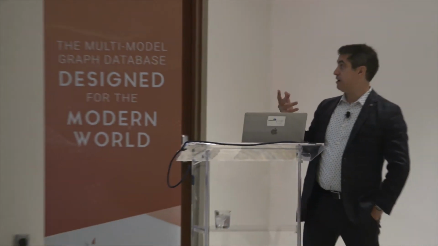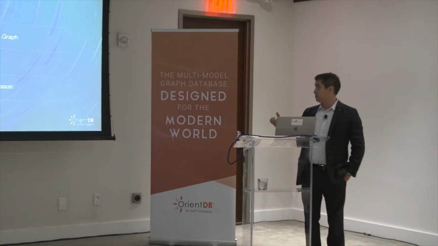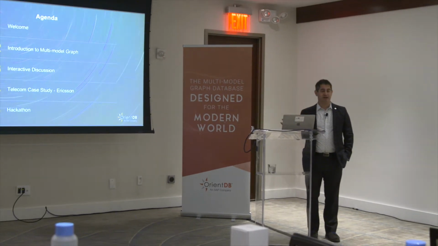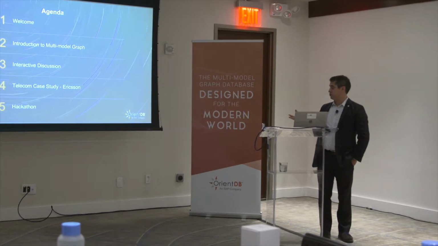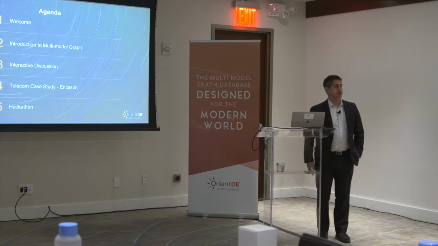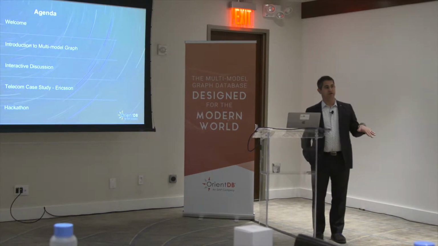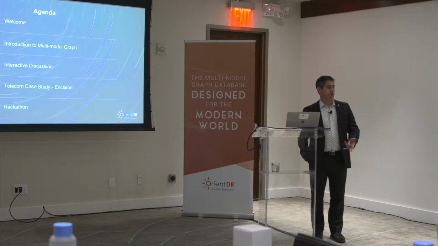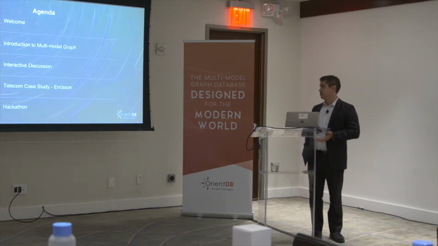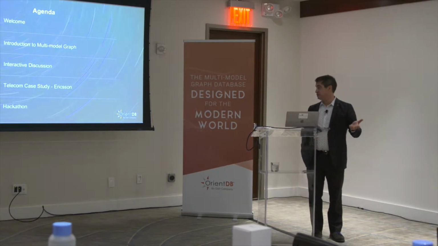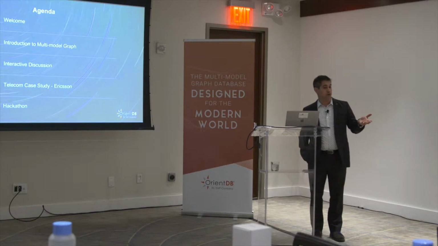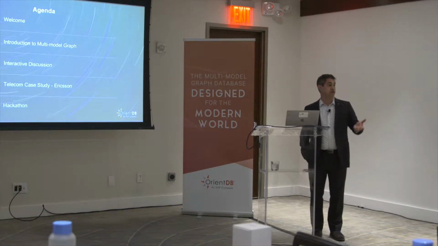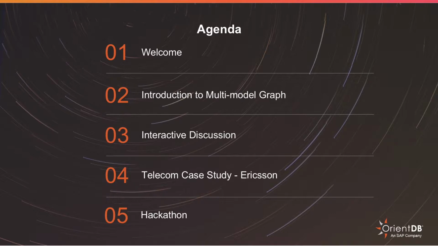So we're going to talk a little bit about introducing the concept of multi-model and how it came to be, and graph. And then Colin's going to lead us in an interactive discussion, really drilling into the deep technical aspects of a multi-model database and what that means and how it differs from others. And then Cliff is going to come up and give a talk about his experience with OrientDB, specifically at Ericsson, and how he leveraged the graph and the multi-model capabilities there.